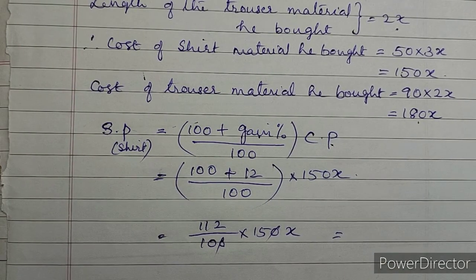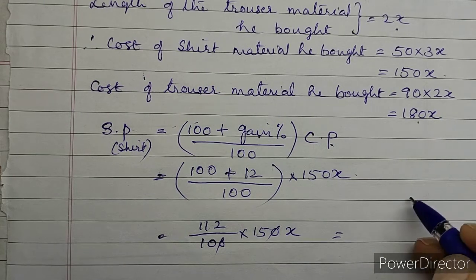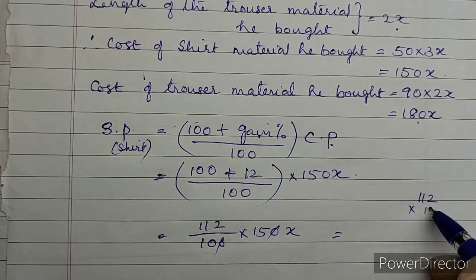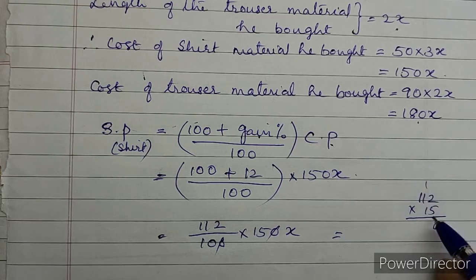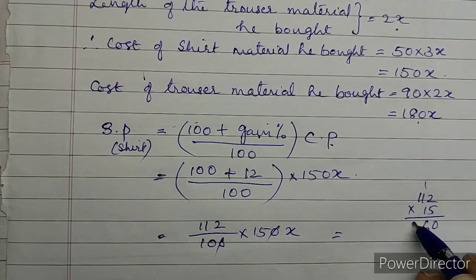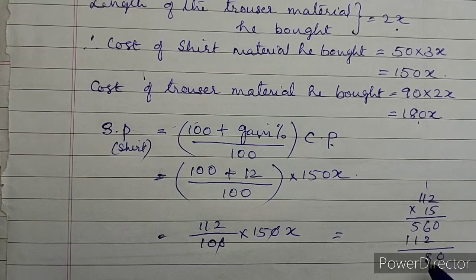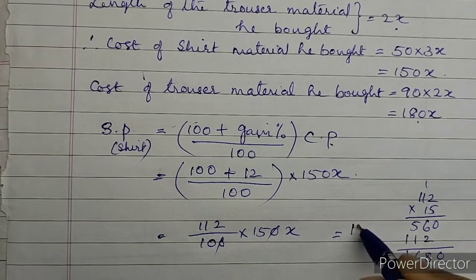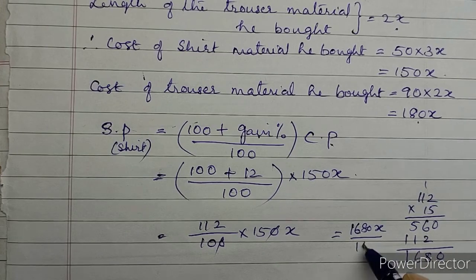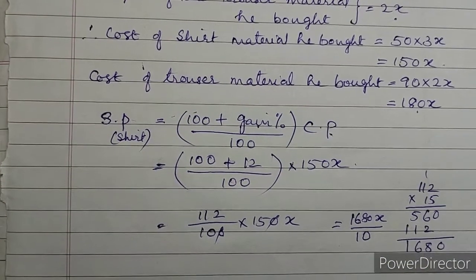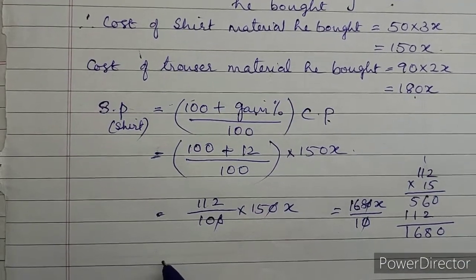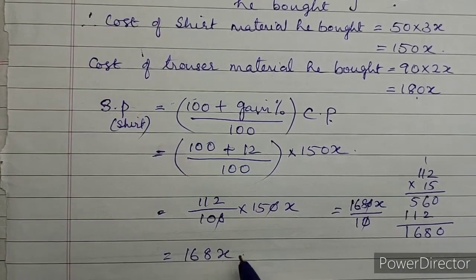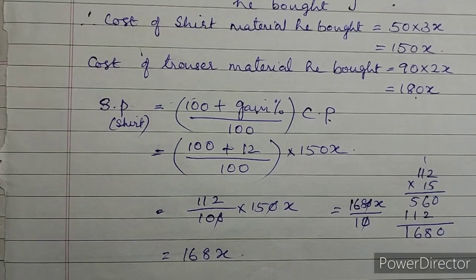Then 112 into 15 divided by 10. Multiply it, 112 into 15 is 1680. So 1680x divided by 10, 0 you can cancel off, remaining it is 168x. So this is the selling price of shirt.